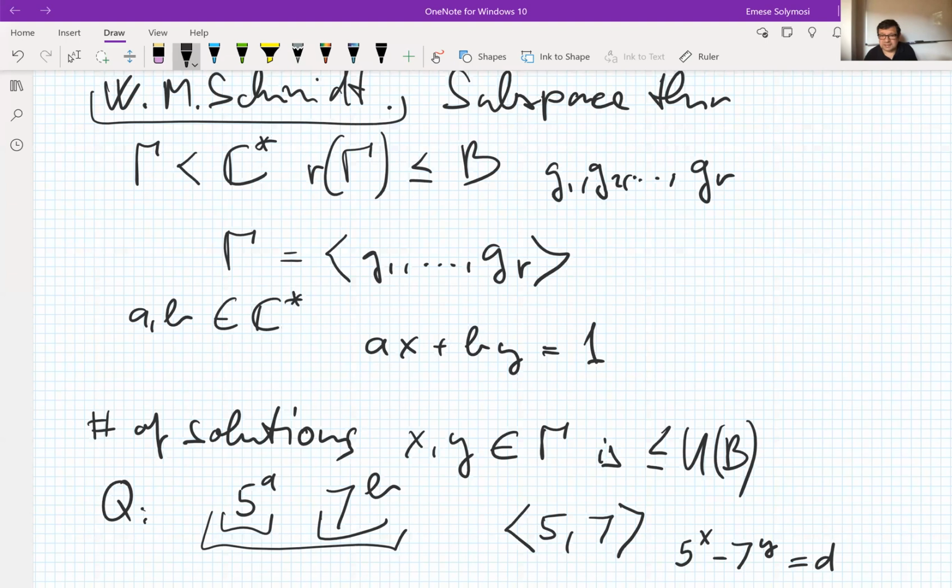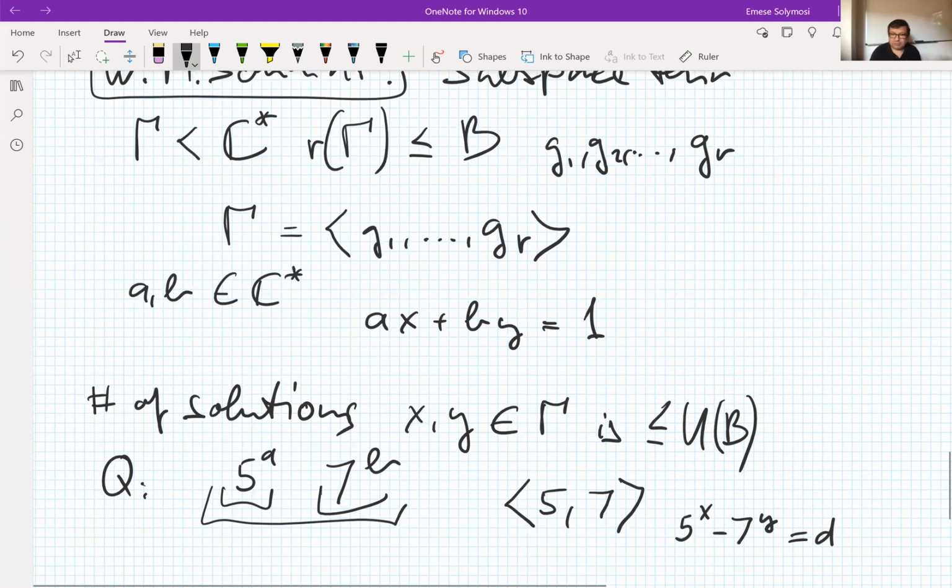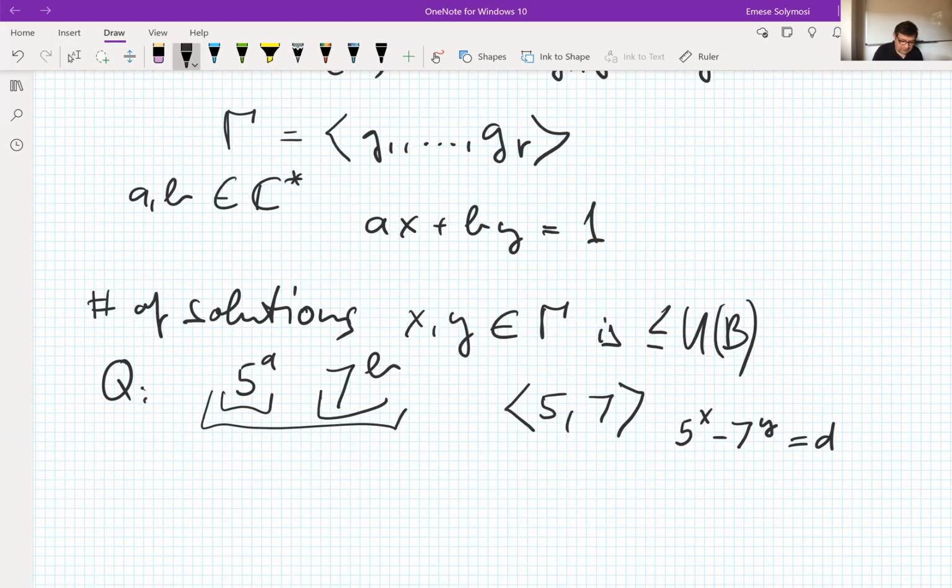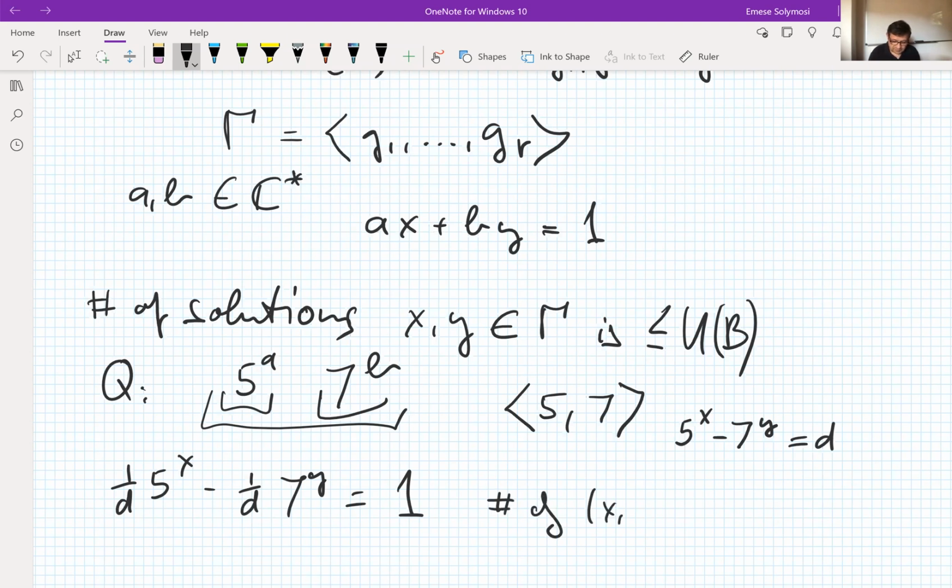How many times can we see this distance? This is almost the same, because you can divide it by d and say it's 1 over d times 5 to the x minus 1 over d times 7 to the y equals 1. And we know that for any d, the number of such solutions x, y is smaller or equal than this uniform bound, because they are from this group.